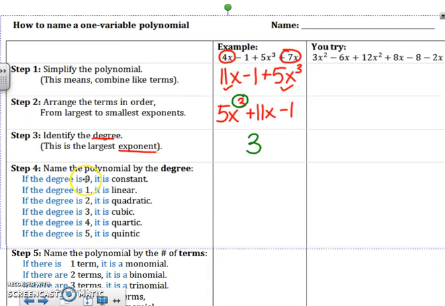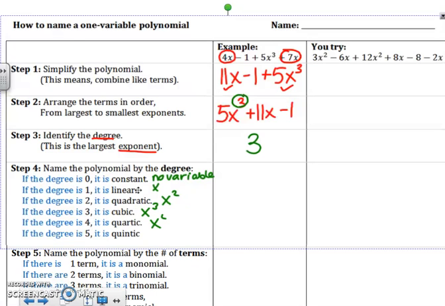So if the degree is 0, so this is if there's no variable, that would be a constant. If the degree is 1, it's linear. So if you just have a 1x. If it is quadratic, it's x squared. If it's cubic, it's to the third.